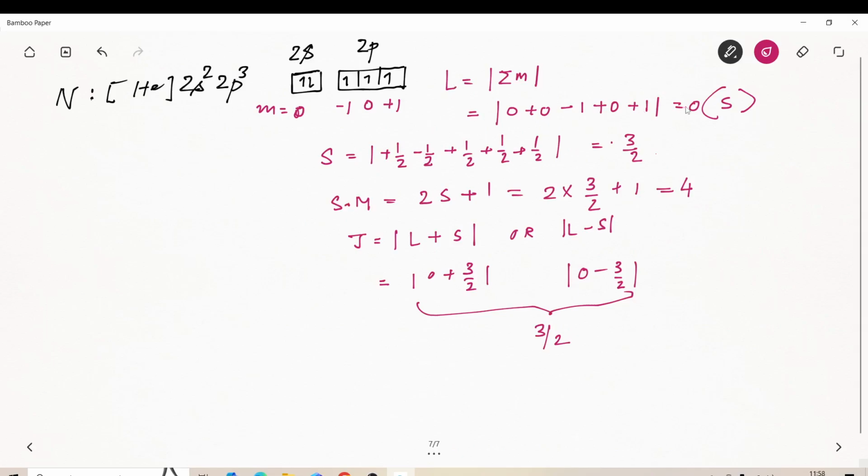So if L is 0, then J will be equal to S. So J min and J max have the same value. The only permissible value in the ground state term is 3/2.